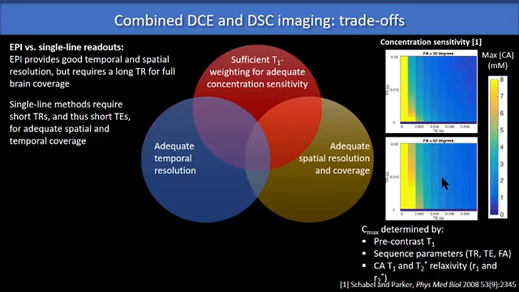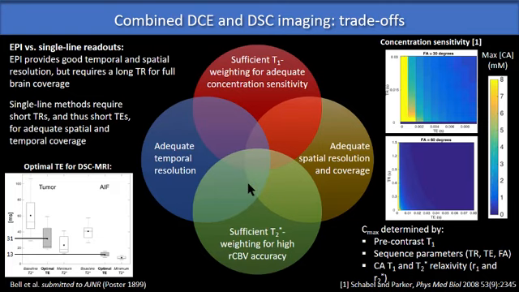For a typical DCE acquisition, you might be somewhere down here, which is enough sensitivity to characterize the tissue and perhaps enough to see the AIF as well. What we see when we go to more of a DSC style acquisition is that we fall off pretty quickly in our concentration sensitivity for delta R1. That can be problematic as we are looking at more like 1 second TRs.